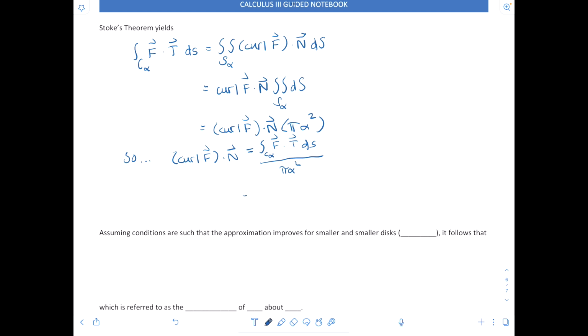And that, my friends, is the rate of circulation.